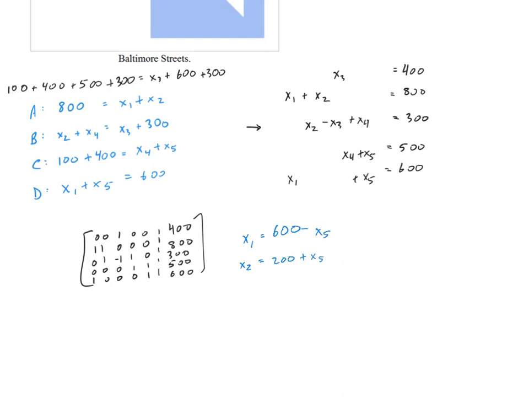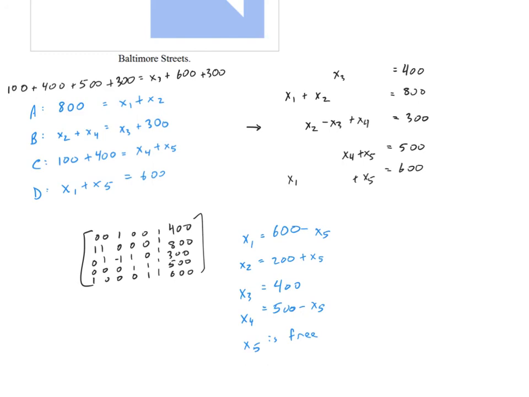So you can see that we have a free variable here, right? x3, we already knew that was 400. x4 is 500 minus x5, and x5 is our free variable.